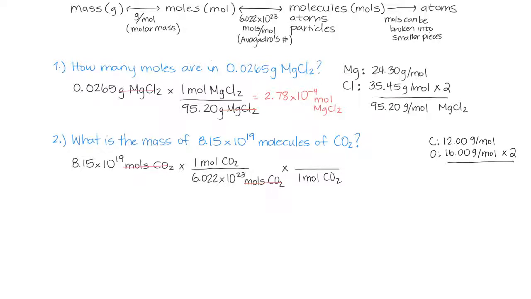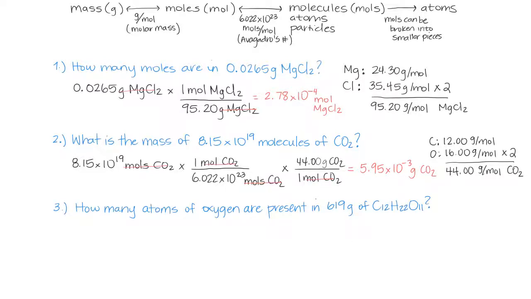And if we add, we get 44 grams per mole for carbon dioxide. Plugging in the molar mass of carbon dioxide and canceling out our moles leaves us with grams. And we end up with 5.95 times 10 to the minus 3 grams of carbon dioxide.